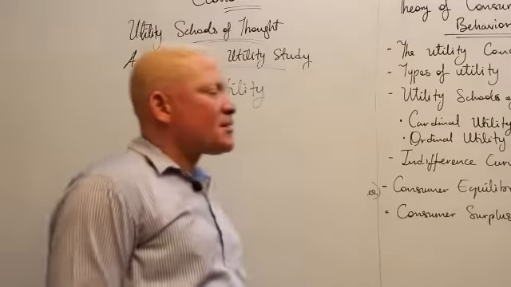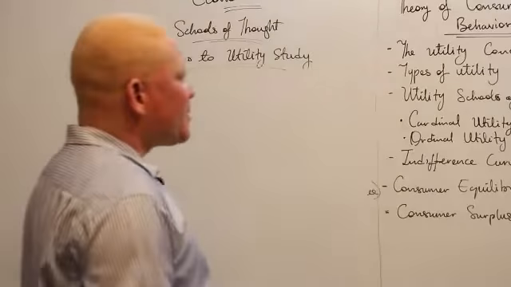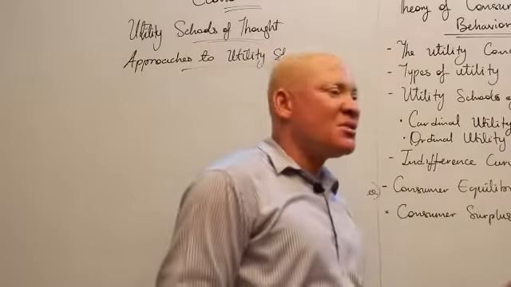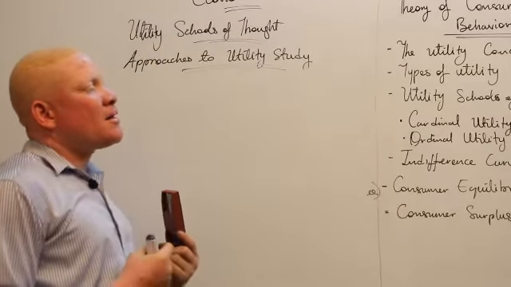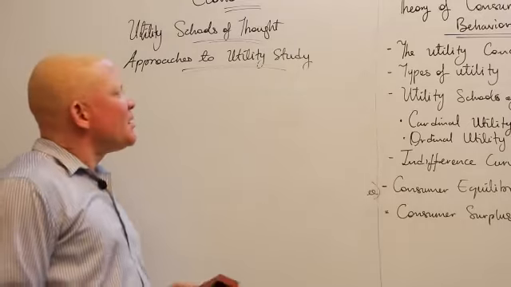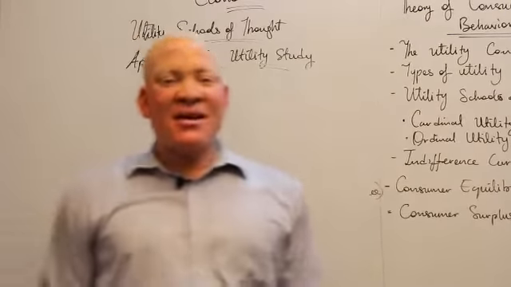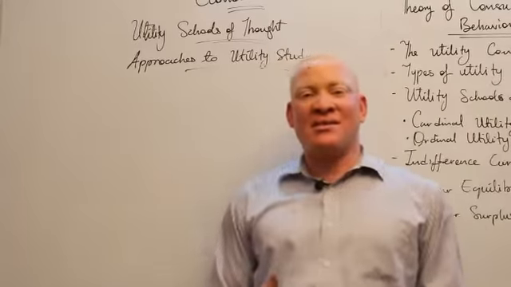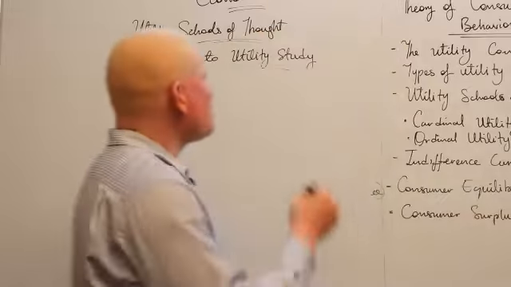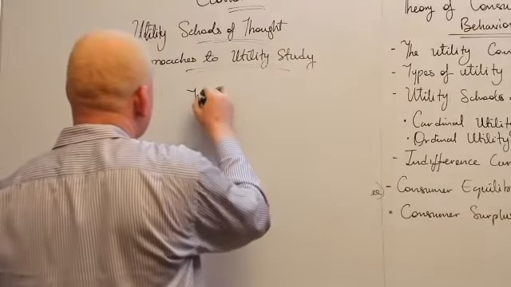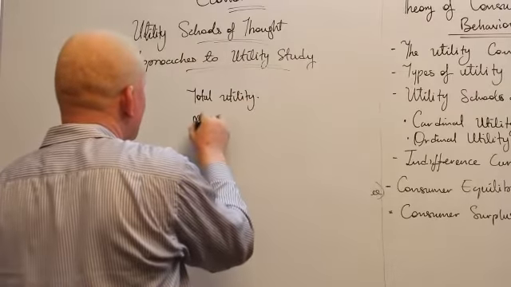Now in this case, before then, these people studied utility with those assumptions, and they came up with certain things of their own. They said that utility is measurable, and because of that, they came up with things called the total utility and the marginal utility.